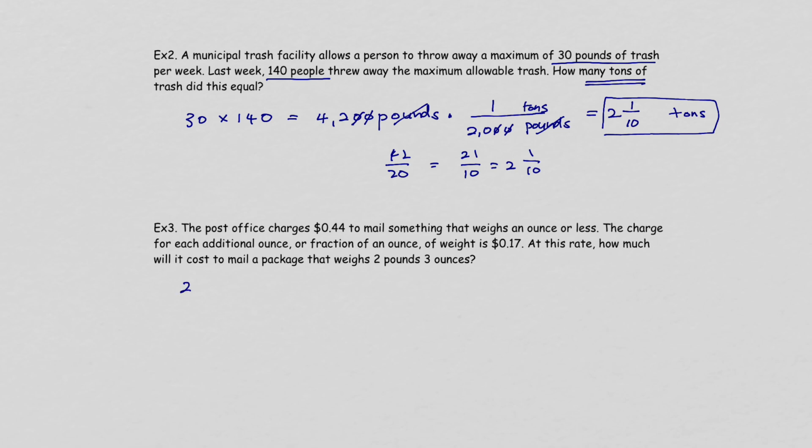So 2 pounds multiplied by 16 ounce over 1 pound. So that way the unit will cancel out. It means you're basically multiplying 2 times 16, which gives you 32 ounce. But again, you had 3 ounces before. So when you're adding them, your total ounce of 2 pounds 3 ounces is going to be 35 ounces.